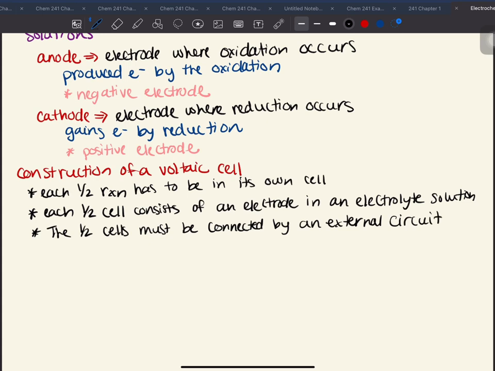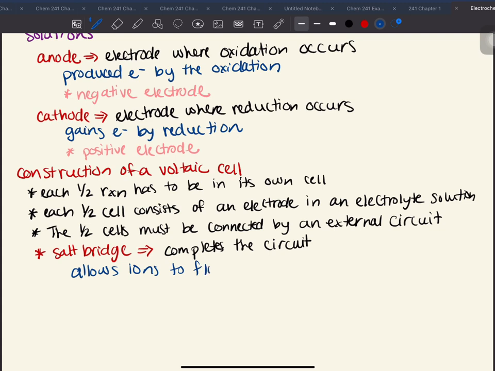So in order to complete that circuit though, because that's only one connection, we also have to have what is called a salt bridge. And the salt bridge is what completes the circuit. It does that because it allows ions to flow through both half cells.